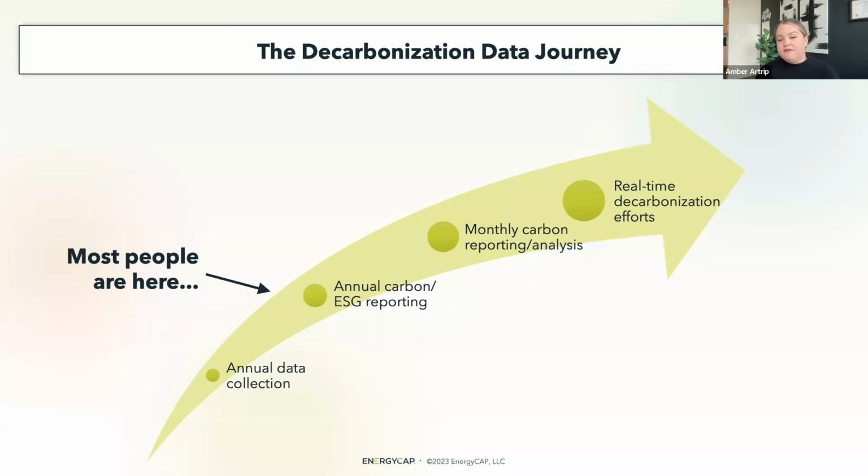But then we've got some more advanced folks who are pulling in this data on a regular cadence, usually monthly from utility bills. And that's great because you can start to activate more projects in less amount of time. And then the ideal state is when you're able to pull in this data in real time so that you can make real-time data-driven decisions about the decarbonization efforts that are happening at your organization.